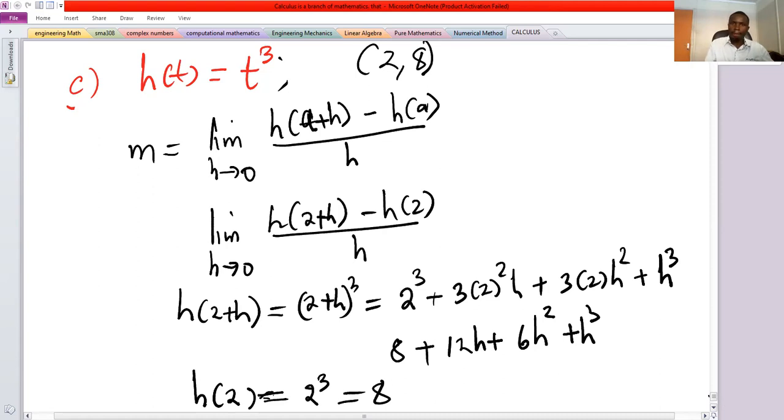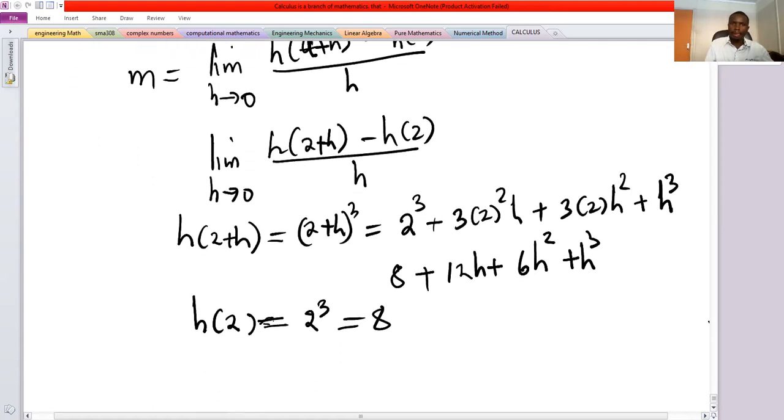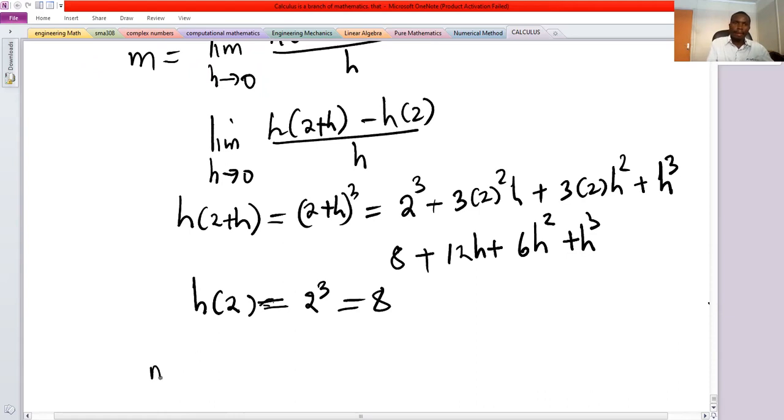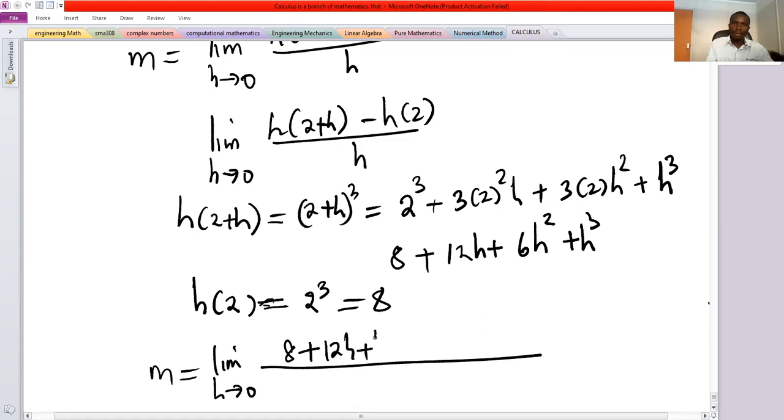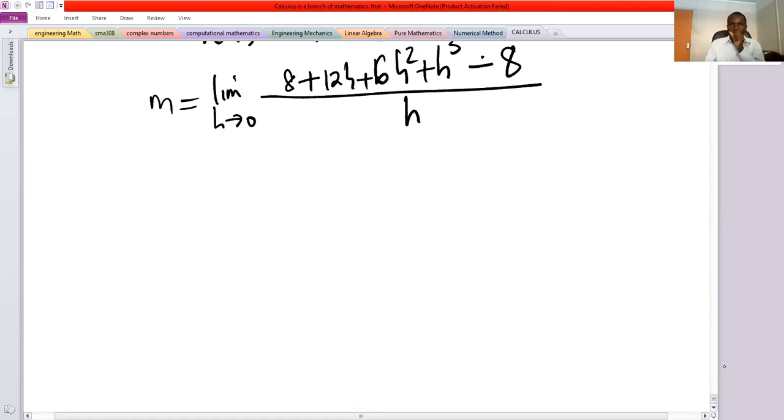So then m will be the limit as h approaches 0 of 8 plus 12h plus 6h squared plus h cubed minus 8, and then divided by h.